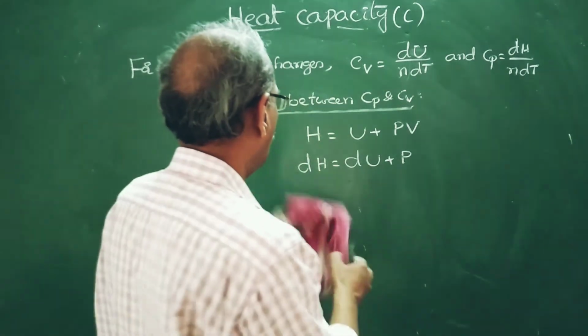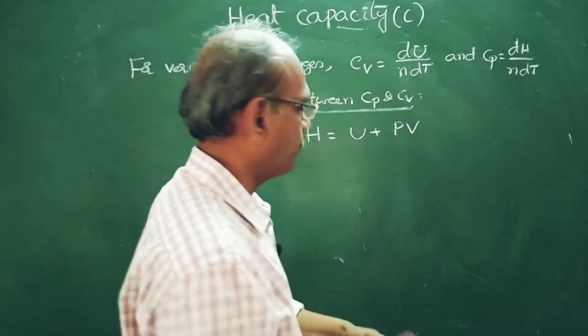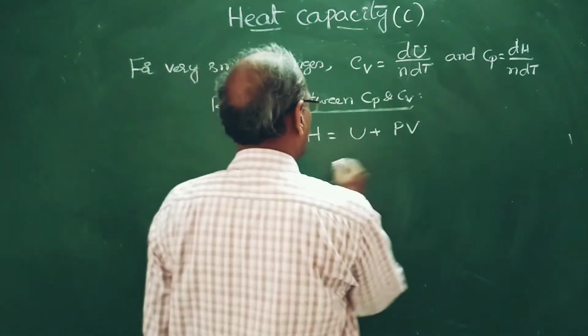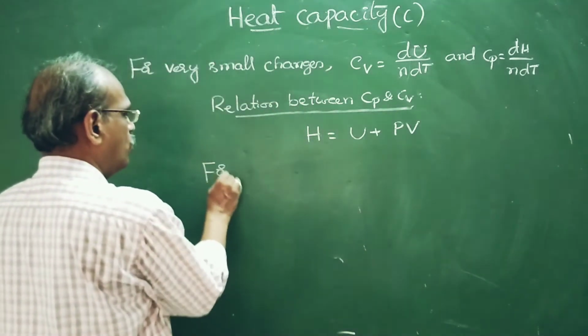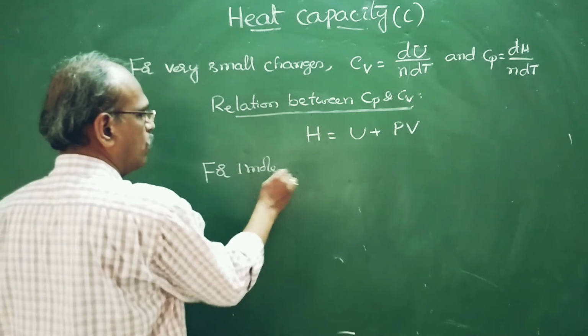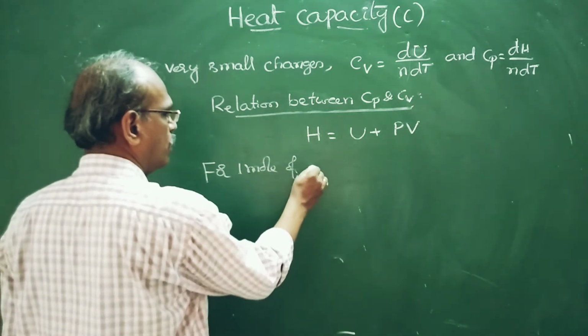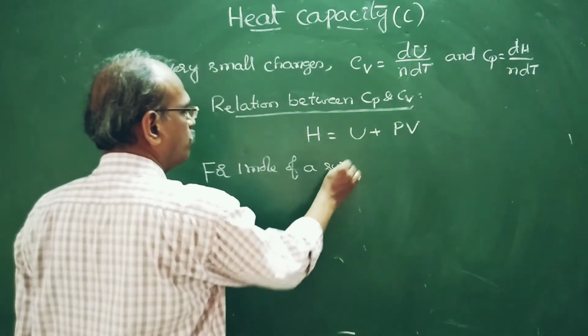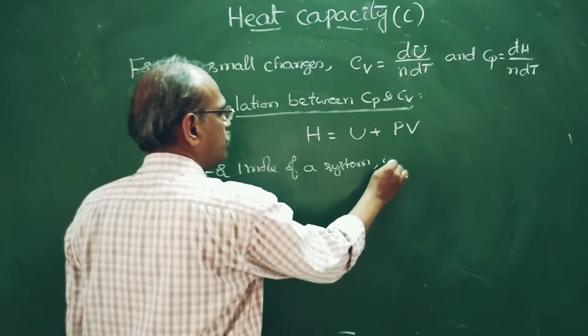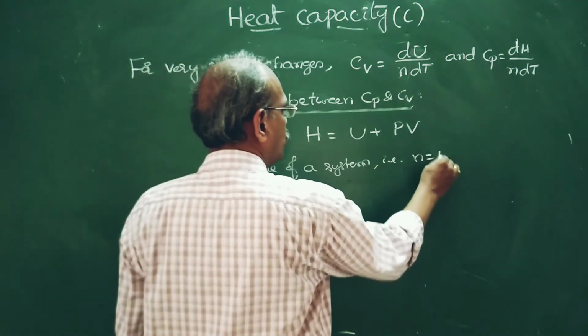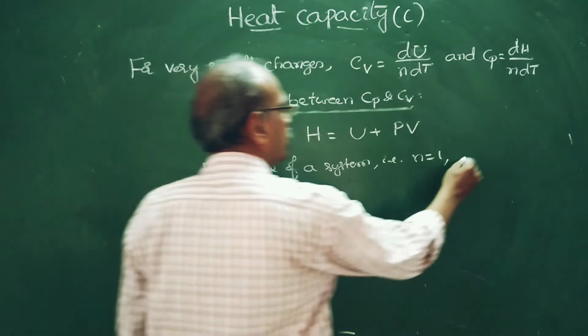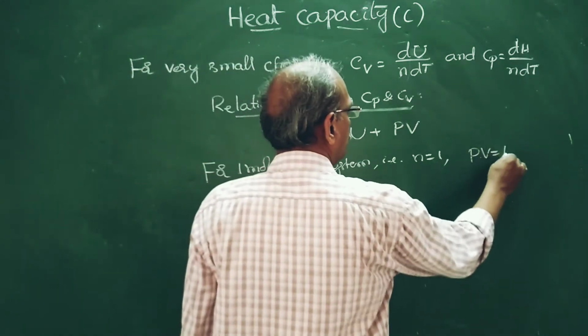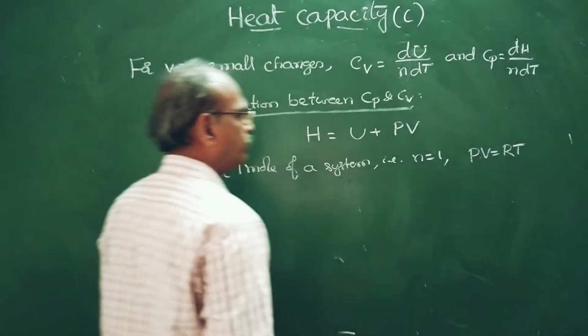For the sake of convenience, for 1 mole of a system, that is n is equal to 1, PV is equal to RT.